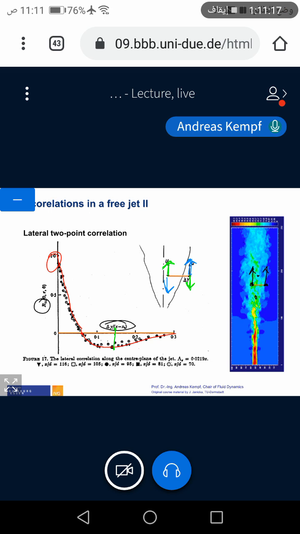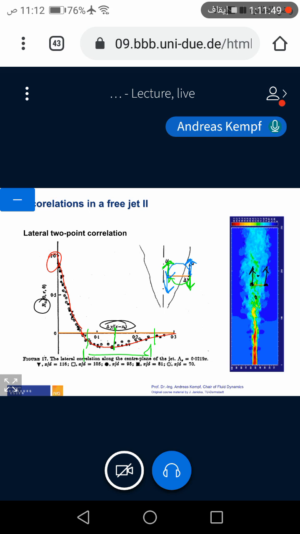Well, this is interesting because what it implies is that we may actually find turbulent eddies of this size looking like this, or in the other direction, looking like this. So if we have eddies that are typically of this size, or let's say of this range of sizes, then we can expect such a negative correlation for this lateral two-point correlation.